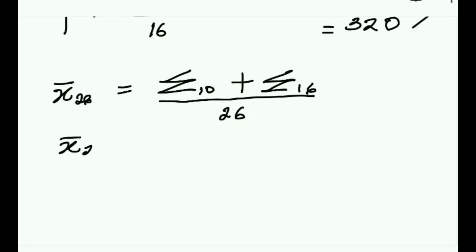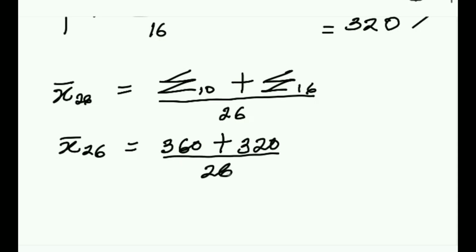26 scores in total now. So this is going to be the summation of the 10, we have 360, plus the summation of the 16, 320, divided by 26. So this is going to give us 680 divided by 26.